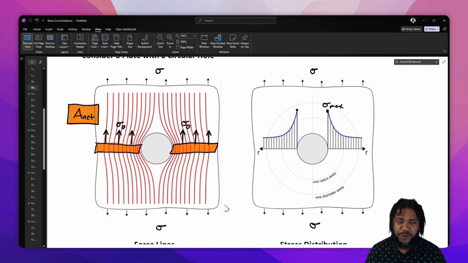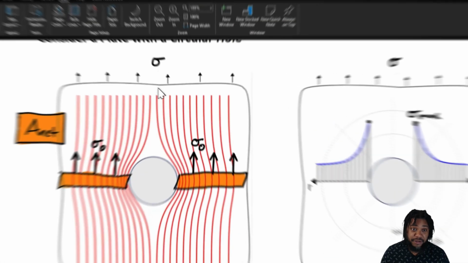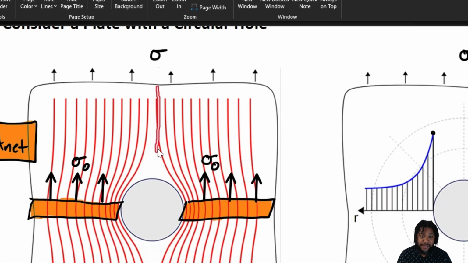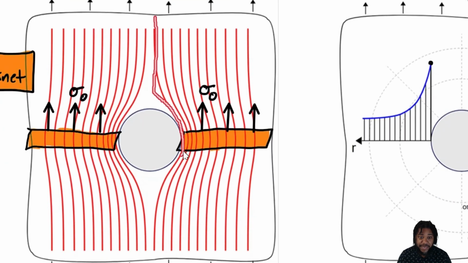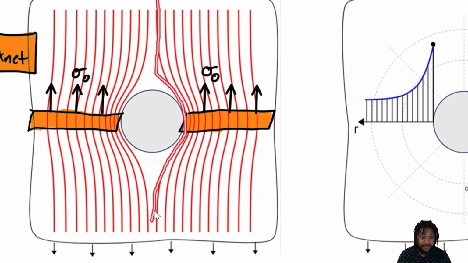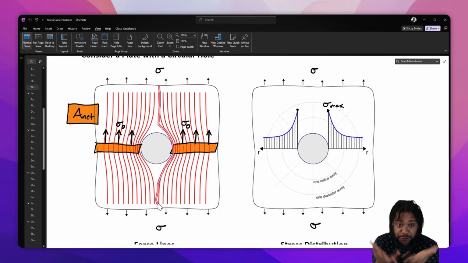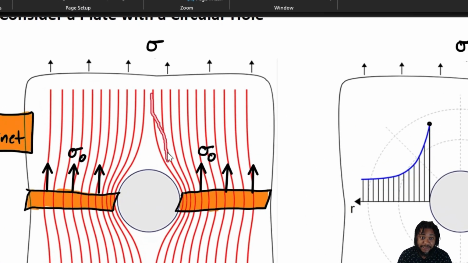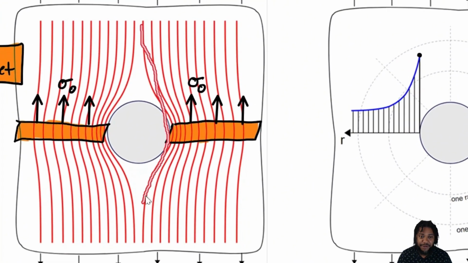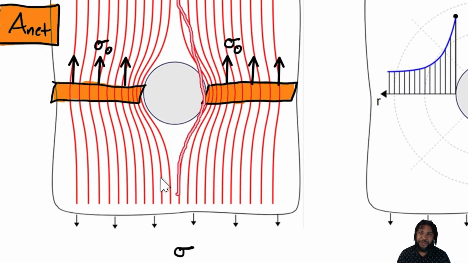Now, if we think about the stress that's applied remotely as a series of lines, we can see that as those stress lines approach our circular hole, they must bend to go around that hole, because a hole is an absence of matter. If there's no material for stress to flow through, then it has to concentrate around the edge of that discontinuity.